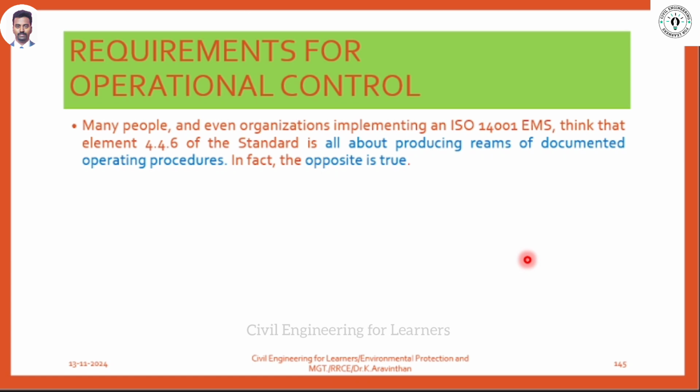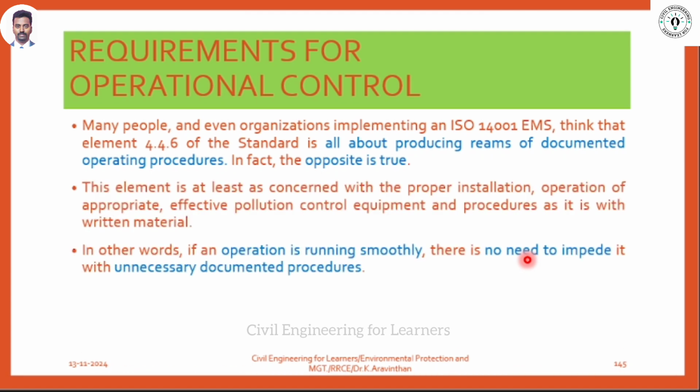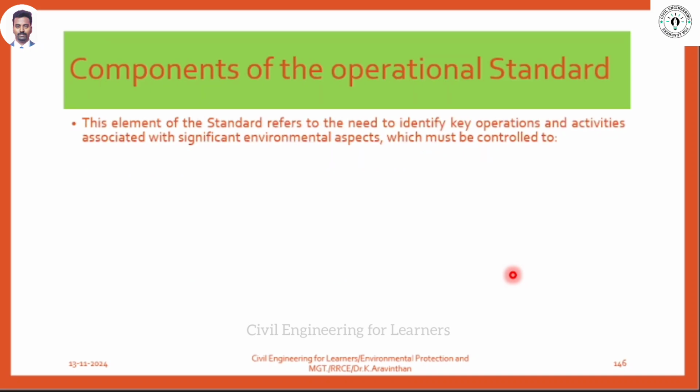Requirements of operational control. What are the requirements? If an organization should run smoothly, there is no need to force unnecessary documented procedures. If the system works well, then there are no issues on that. Third thing is components. For what purposes do you use operational control? First thing is for preventing pollution. Second thing is legal requirements.